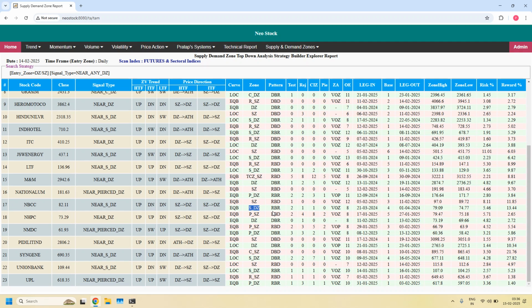NBCC is having a high liquidity daily demand zone. Sinjan is a pierced zone, so it is not valid. And Union Bank is also having a high liquidity daily demand zone. So in total we identified 8 high liquidity daily demand zones from this list.